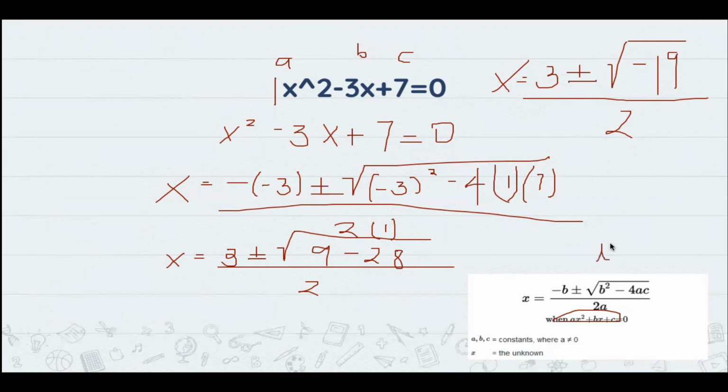So we use i as our imaginary. So i is equal to, well, the most common one that we use is i squared, which gives you negative 1. So normally we would use x equals 3 plus or minus radical 19i, or i radical 19, whichever way works. So this would be your final answer.